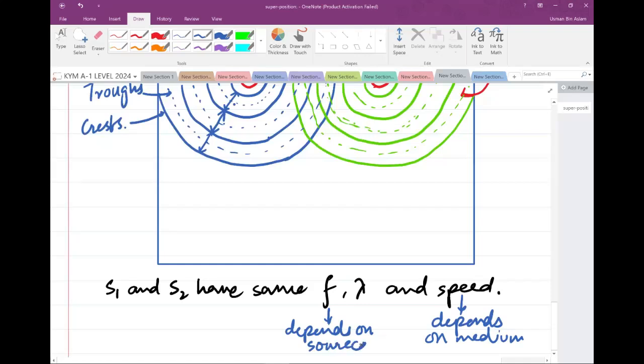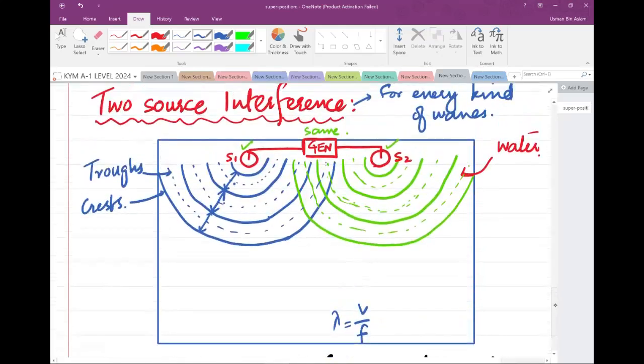And the wavelength is equal to speed over the frequency. That means if speed is the same and frequency is the same, the wavelength is the same as well. So the sources that I'm talking about have the same frequency, same wavelength, and same speed.